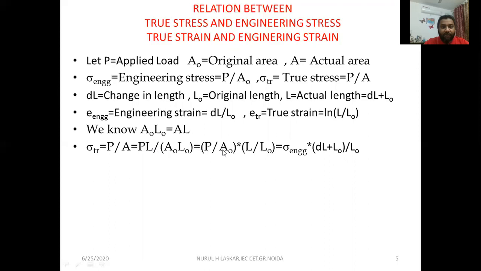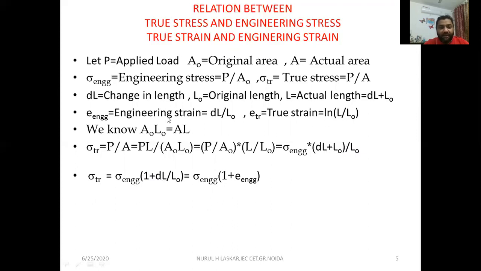So P upon A0, that is the load upon original area, is the engineering stress. So I put it here sigma engineering. And L can be written as dL plus L0 divided by L0. Now what will happen? Sigma TR, true stress, is equal to sigma engineering into here L0 by L0, it will be 1 and dL by L0. So 1 plus dL by L0. And what is dL by L0?